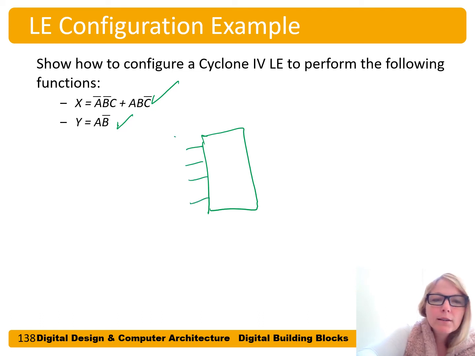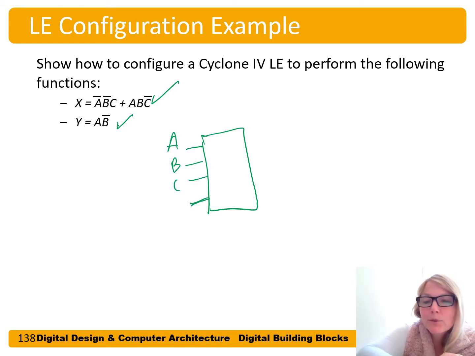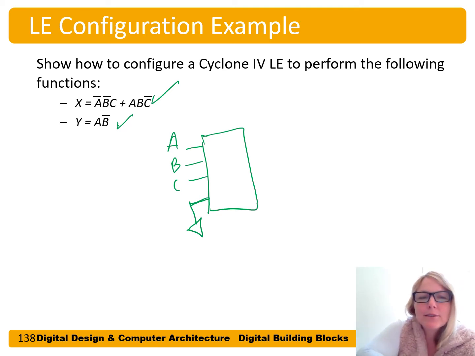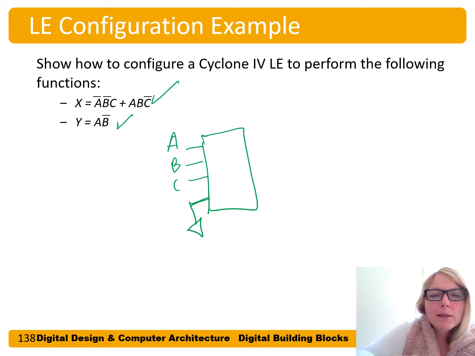So we're going to tie A, B, and C to 3 of those inputs, and the last input we can't just leave floating. All inputs have to be driven to something. We can tie it either to 0 or 1, it doesn't matter, but it has to be tied to one of those. Then our lookup table can perform the function that we want.